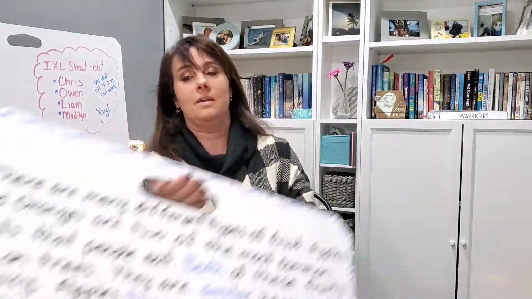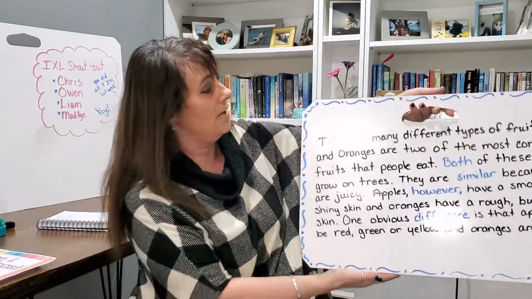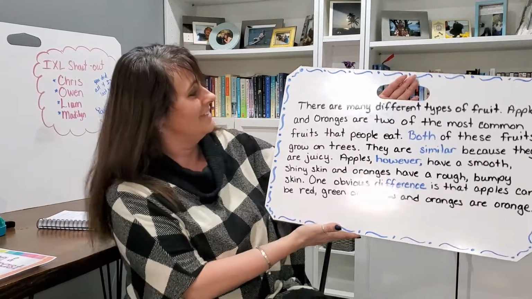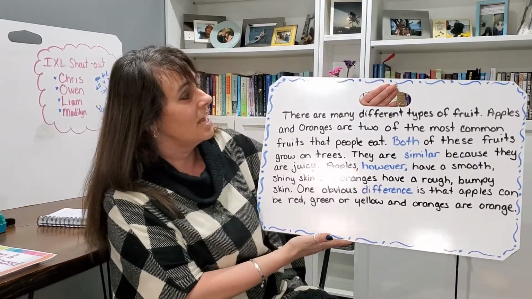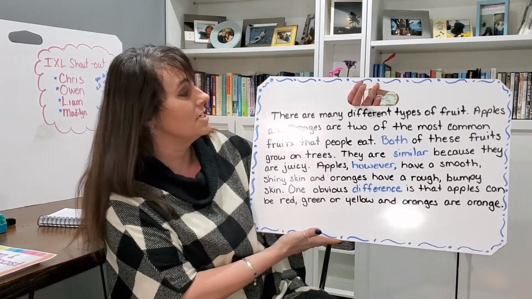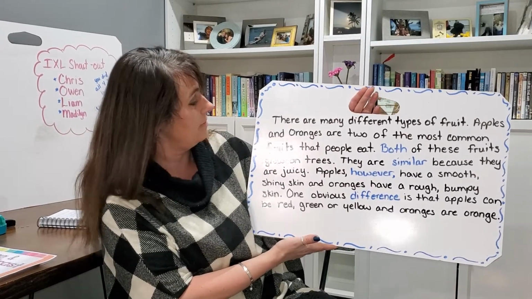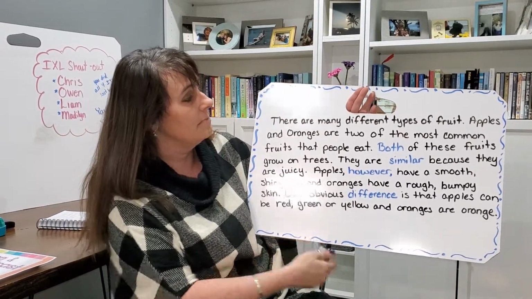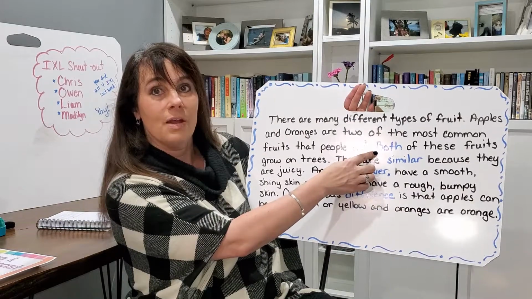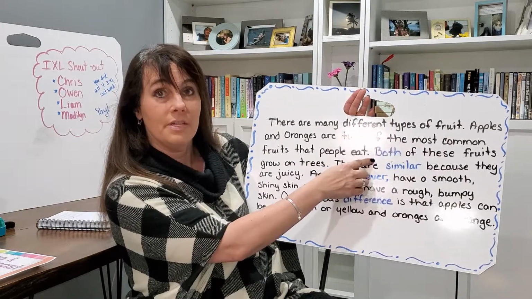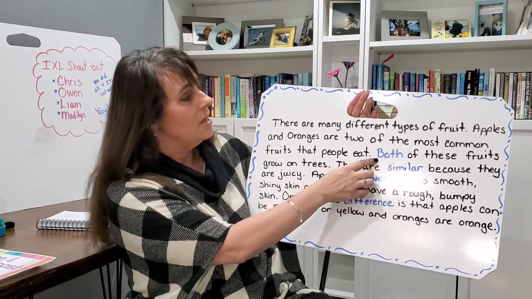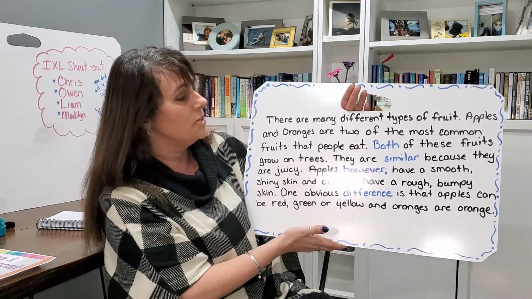Here's my example text that I have for you about apples and oranges. There are many different types of fruit. Apples and oranges are two of the most common fruits that people eat. Both, so here's that word in blue, is going to tell you the similarities because it says both. Both of these fruits grow on trees.